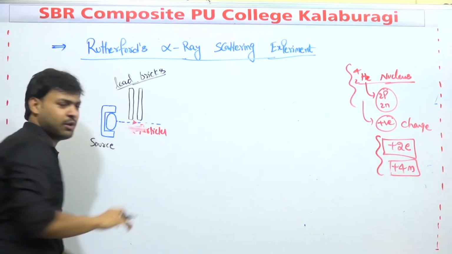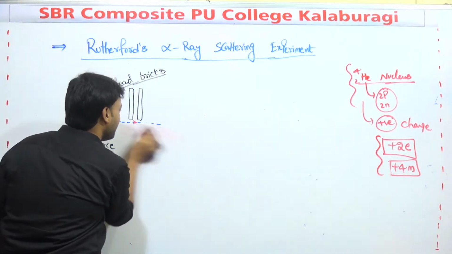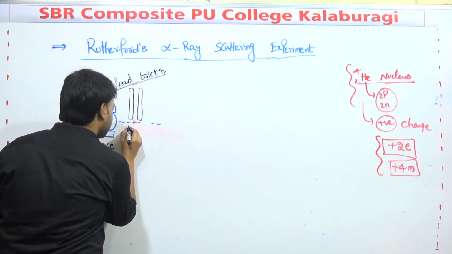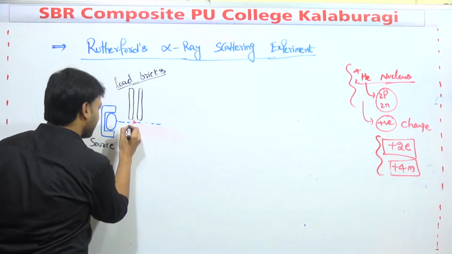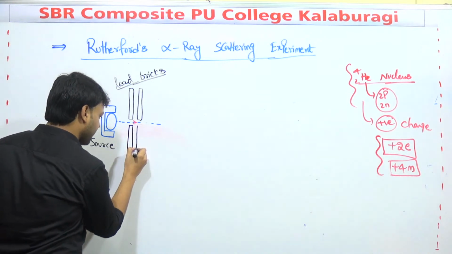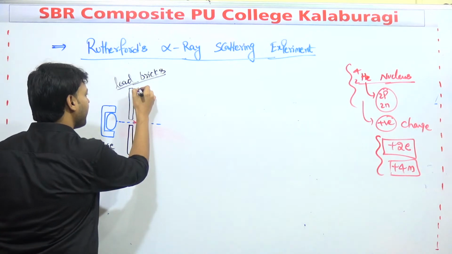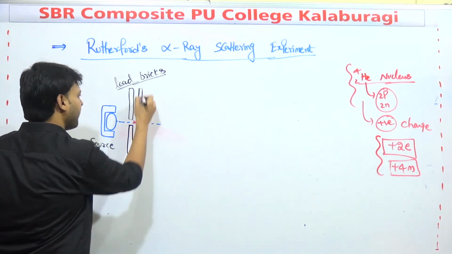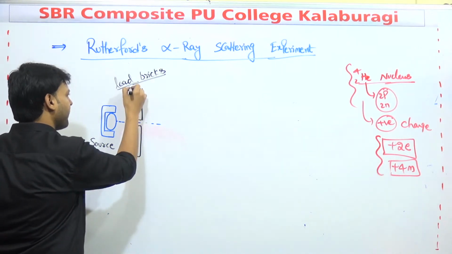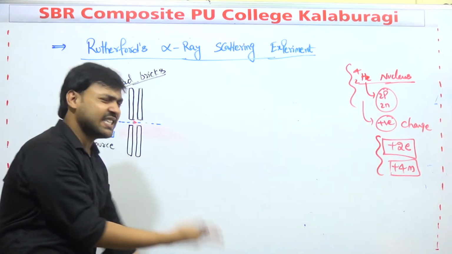So is that clear about these alpha particles? I want that space, because only a small gap should be there between the lead bricks. Still more are there, I have just written 2.